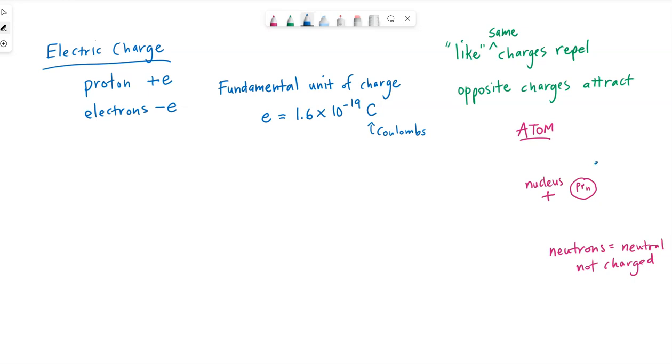Outside of the nucleus, there are electrons in these orbital clouds, these orbital regions where the electrons in general reside. We can't pinpoint an electron, but we have a definition of in general where they reside. And so the electrons are experiencing an attractive force towards the nucleus because they have opposite charges to the nucleus.